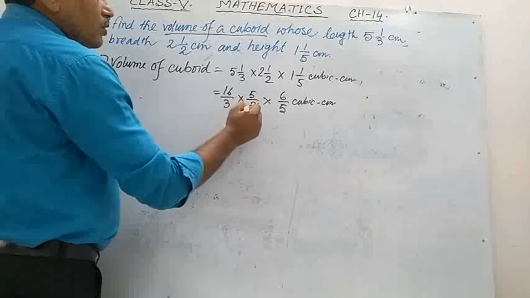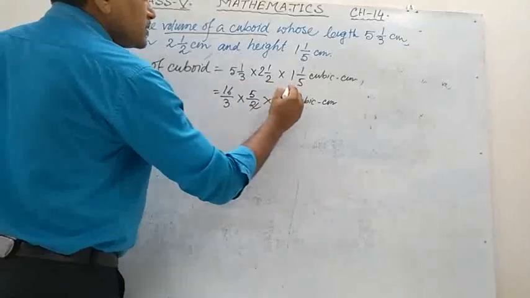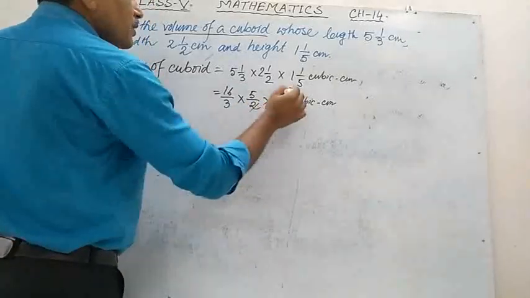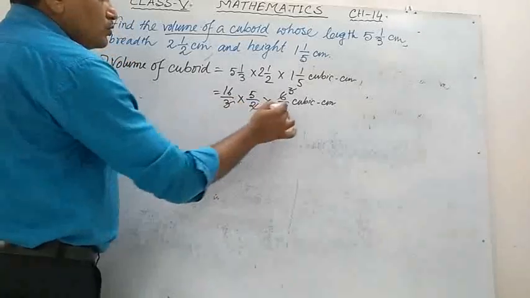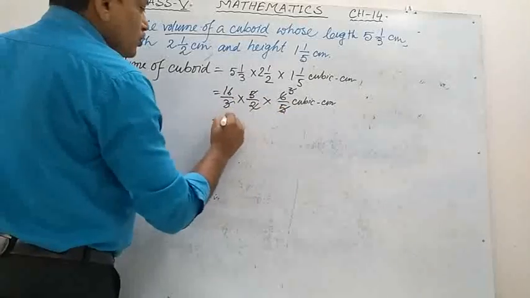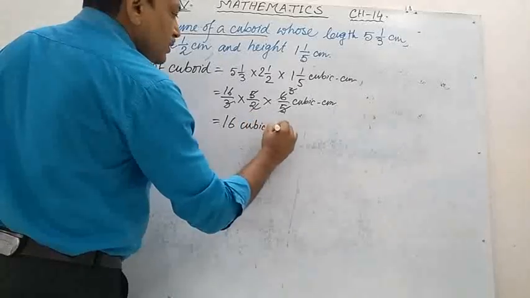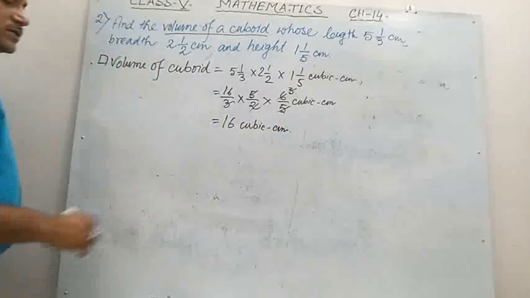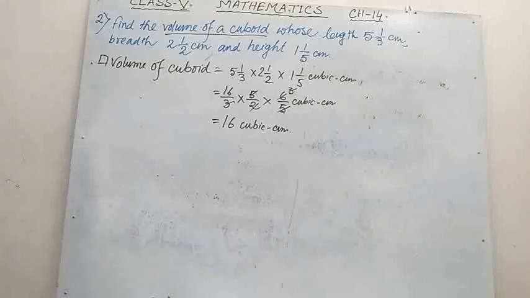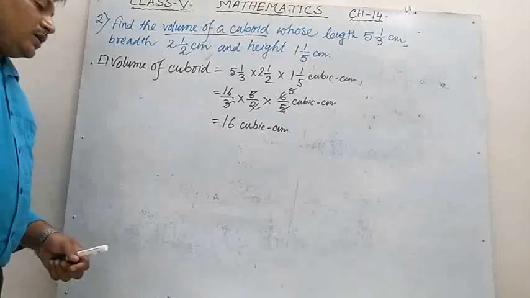Now cancel this 2, 6, 3, 3 out, 5 out. So the answer is 16 cubic centimeter.